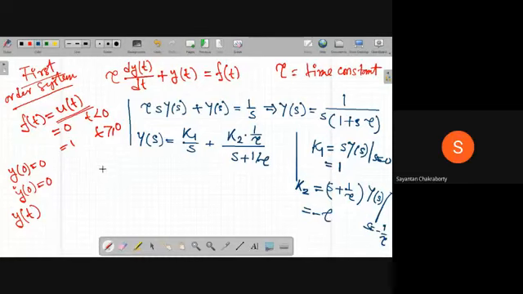The 1 by tau will get cancelled out, so ultimately Ys will be equal to 1 by s minus 1 by s plus 1 by tau.